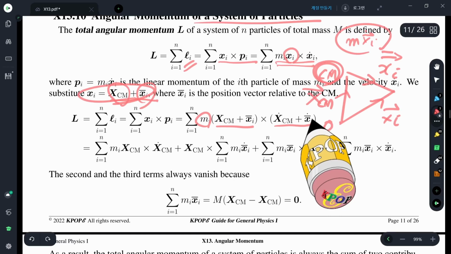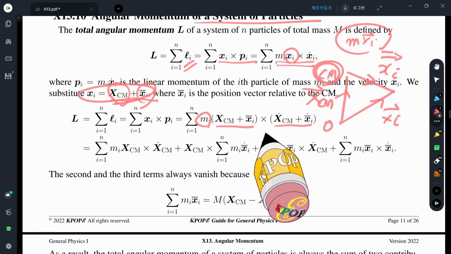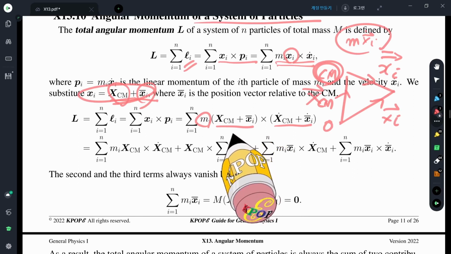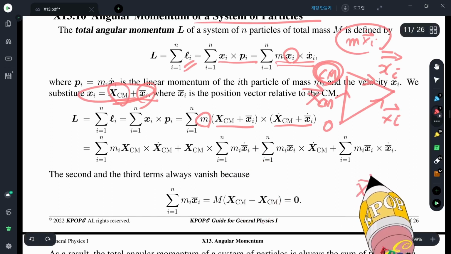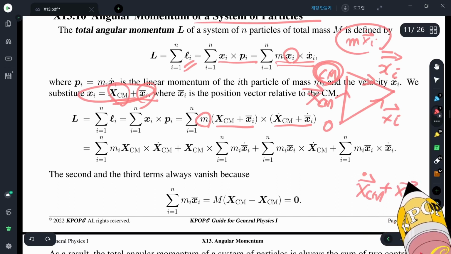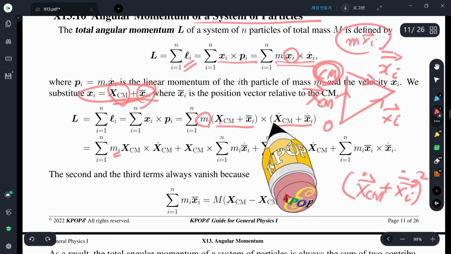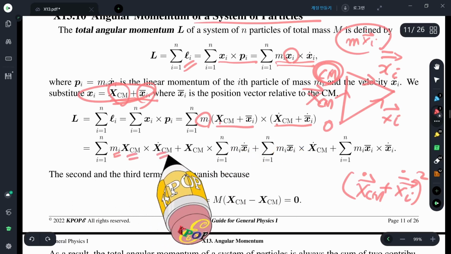Unlike the linear momentum case, where we computed the total mechanical energy, in that case the expansion involves x_CM dot plus x_i bar dot squared. But in this case, there are four. The expansion gives four different terms. The first term is the mass times x_CM cross the velocity of the CM.